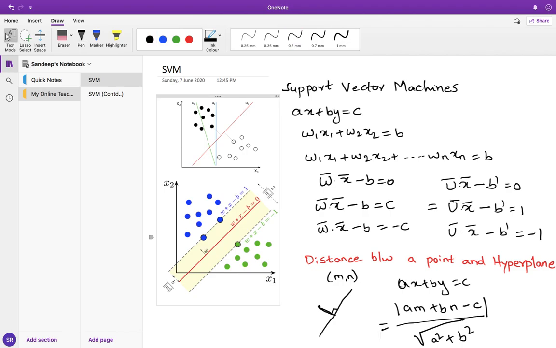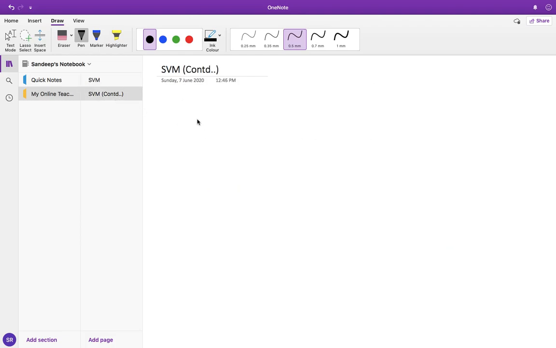So let me go to a new page and discuss the distance equations. Here I'll be deriving the distance equation between the point m comma n and the line wx minus b is equal to 0. Here w and x are vectors, b is a scalar.